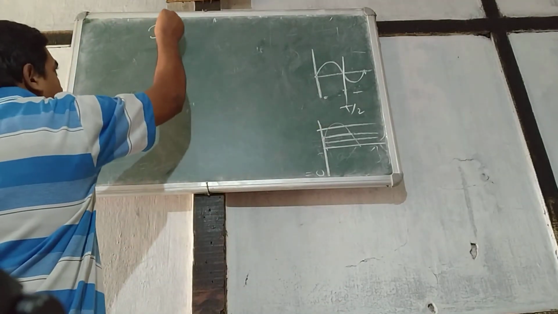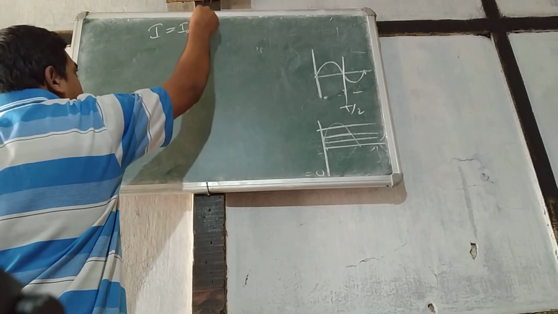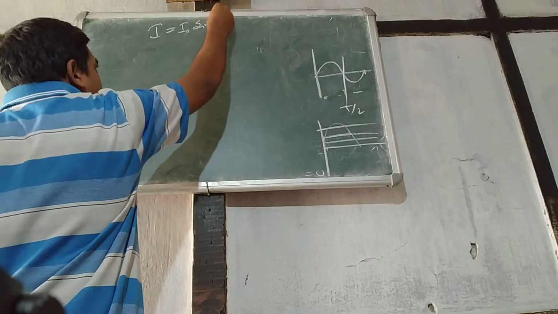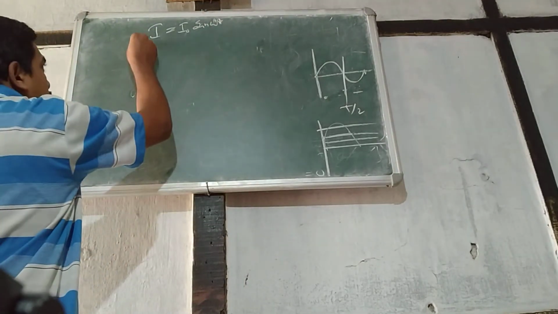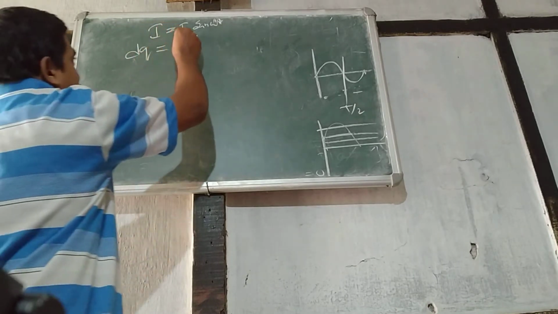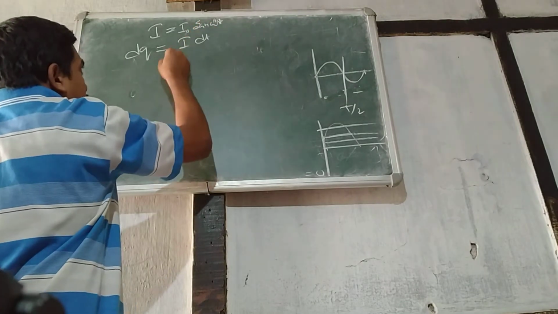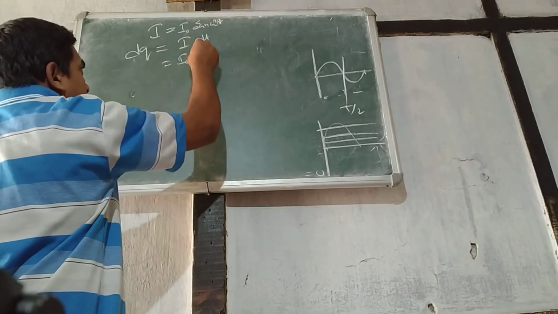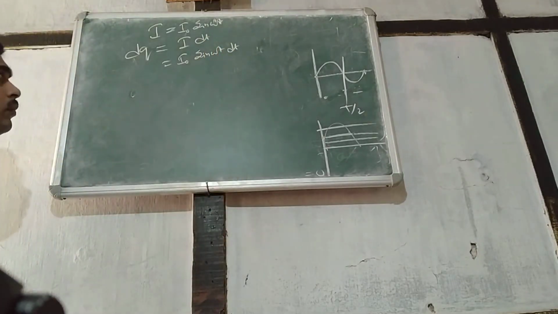Let us consider I equal to I naught sin omega t is passing through a circuit. So for a small time dt, this current remains constant. dq equals I dt, which is I naught sin omega t dt.